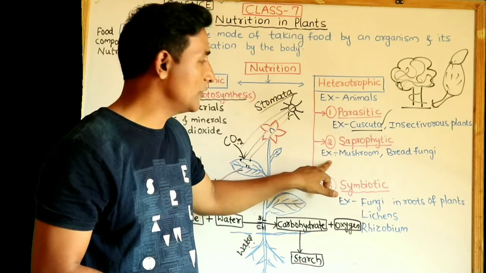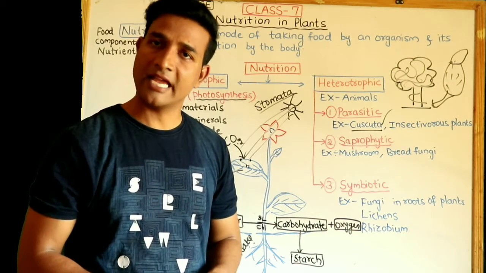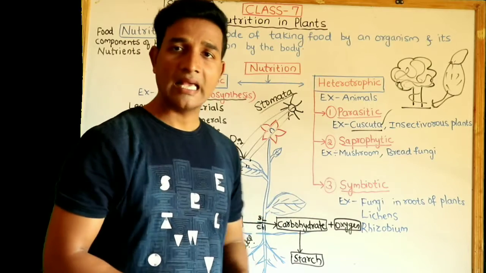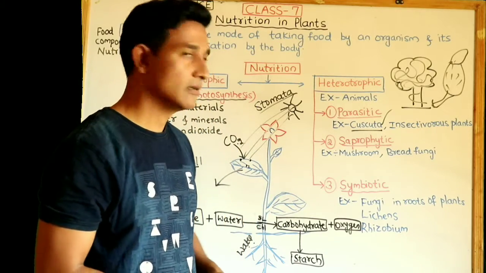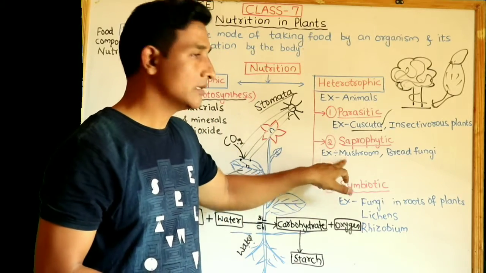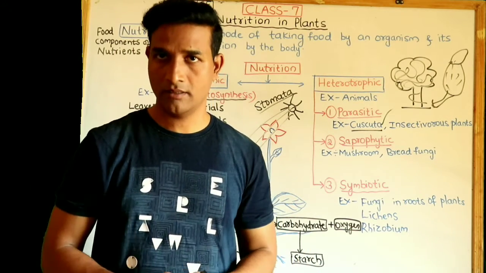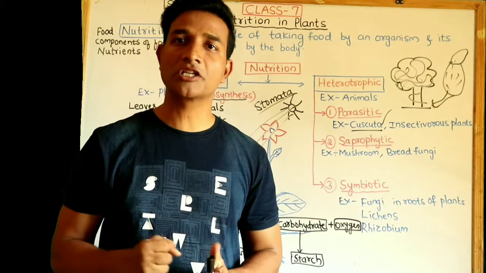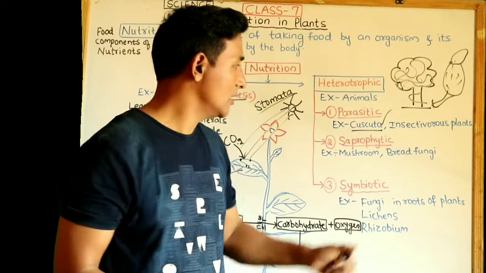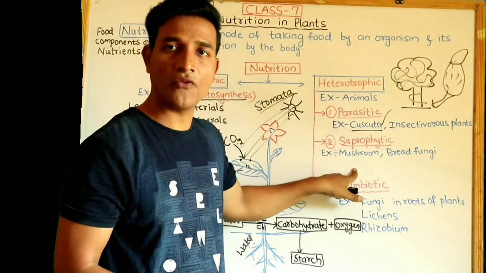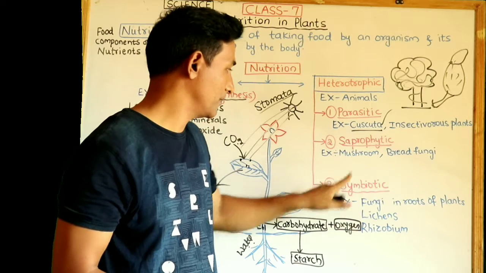The second heterotrophic mode of nutrition is saprophytic nutrition. Example, mushrooms, bread fungi. There are some fungi which grow on dead organic matter. They absorb the nutrition from the dead organic matter, so it is called saprophytic nutrition.